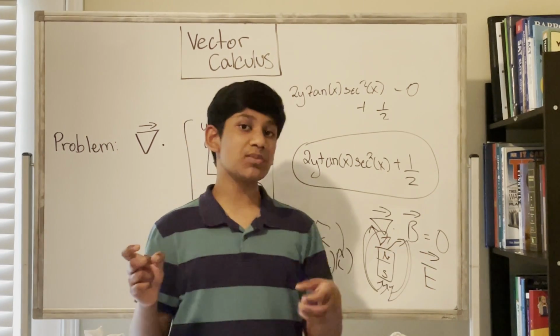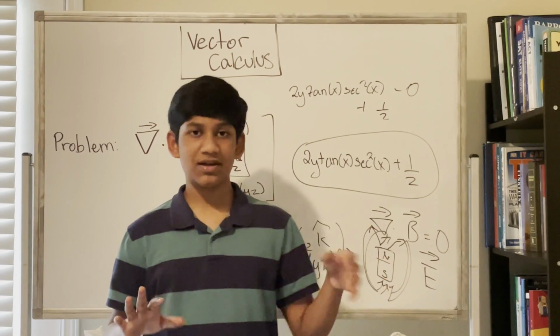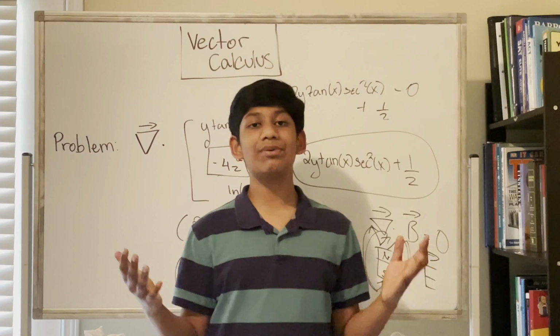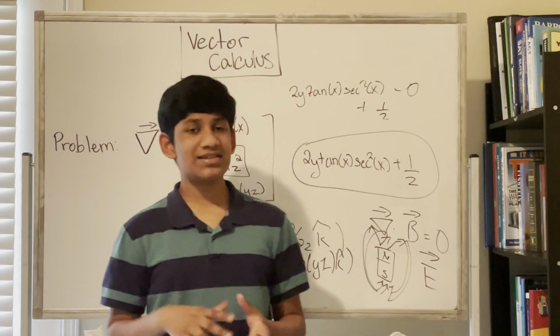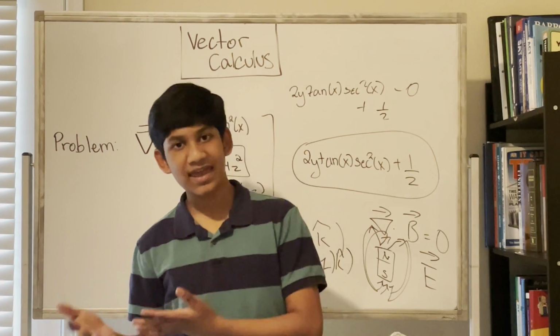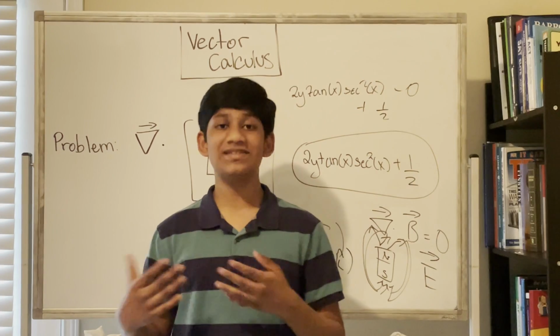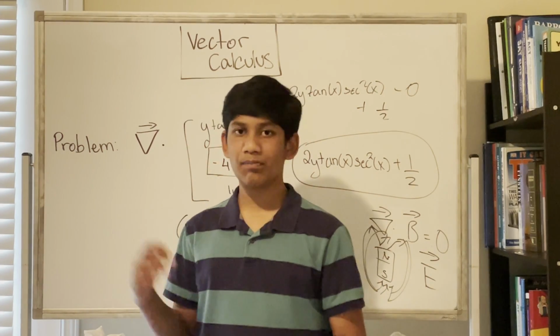We also talked about a very important thing: how to write vectors in two different ways. The first one is the normal way we write a vector, over here. The second one is how we write it in component form, with i hat, j hat, and k hat, unit vectors in the x, y, z directions. After that, we tried solving this problem.